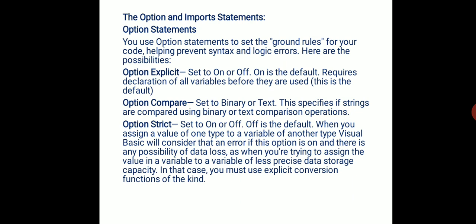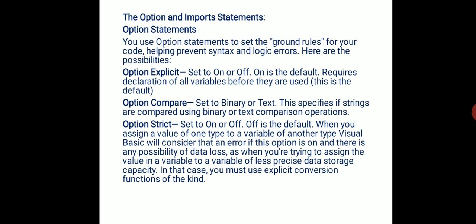So next one, option compare, is set to binary or text. This specifies if strings are compared using binary or text comparison operations. So this option compare is to compare two strings, and strings can be compared using binary comparison operation or text comparison operation.